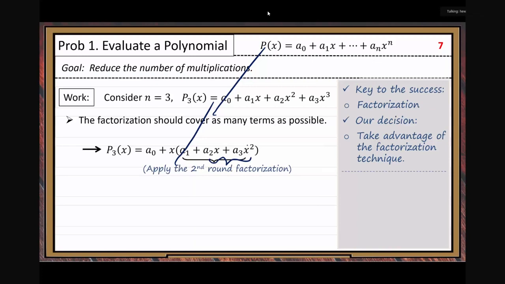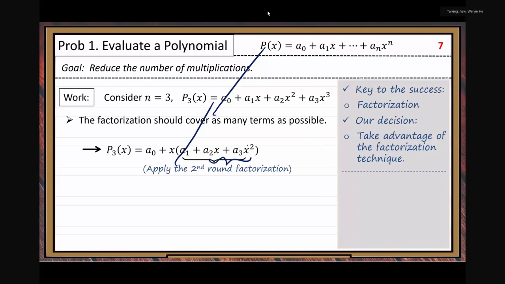Whenever we apply factorization, we can save a certain number of multiplications. So we try to apply factorization as many rounds as possible, until we hit a point where we cannot do any factorization.